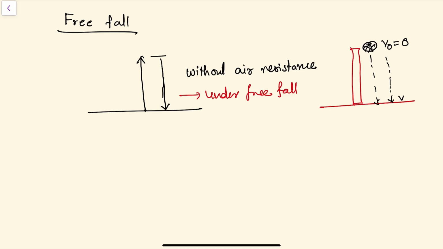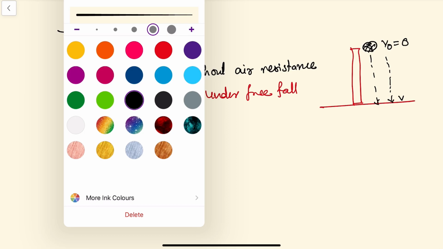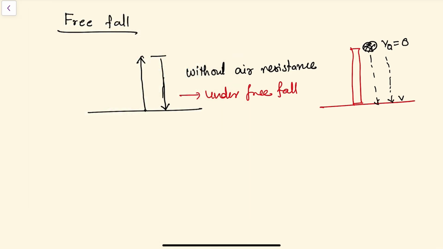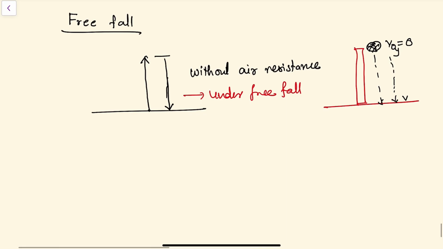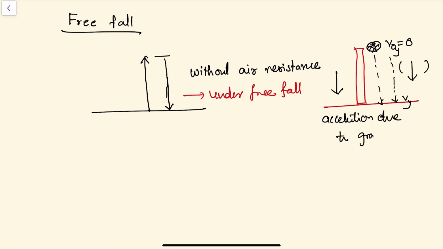So the initial velocity along the y direction is 0, and Vy is present. What is happening? There is acceleration due to gravity, which is always downward. Without pushing it downward, it comes down because of gravity, a constant acceleration due to gravity.